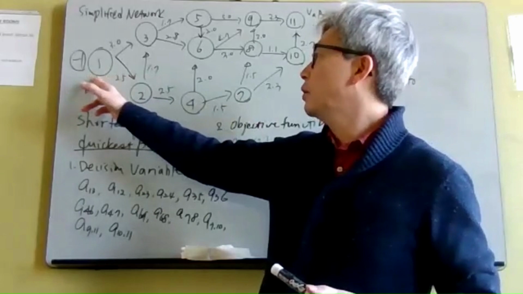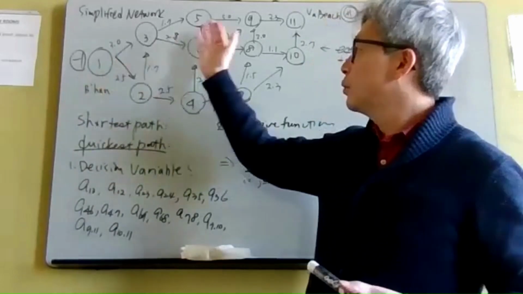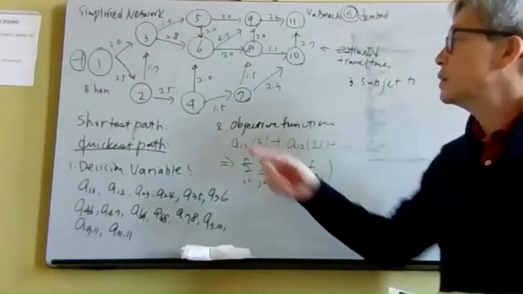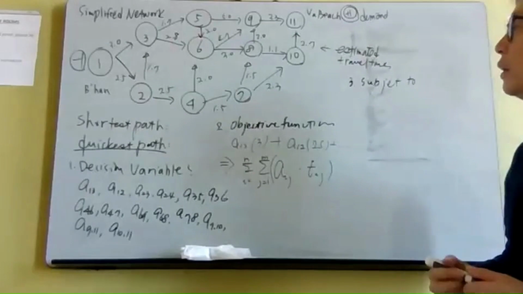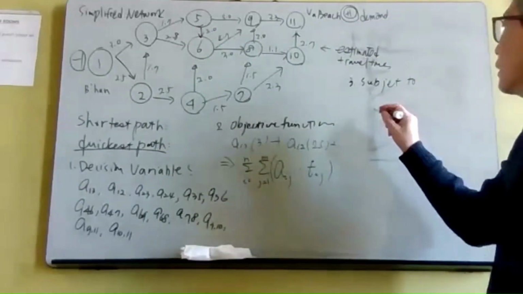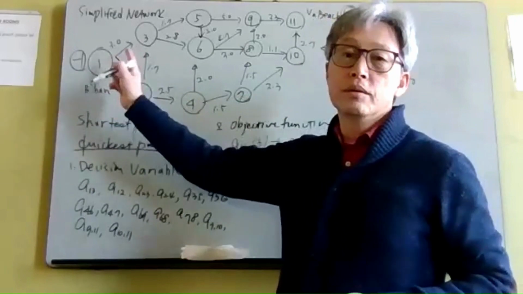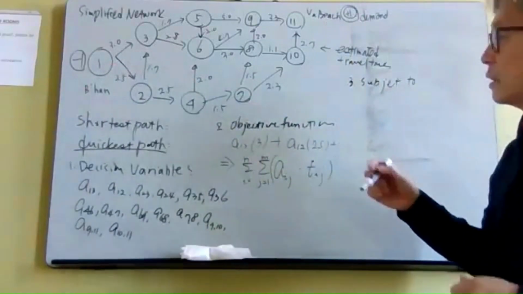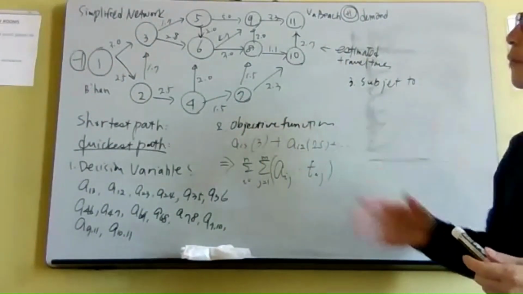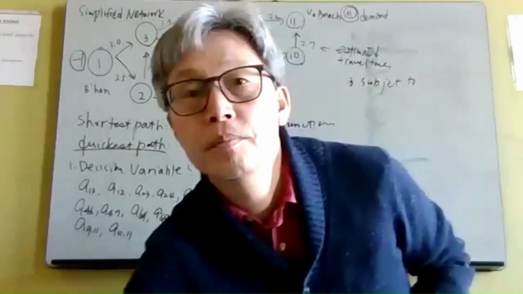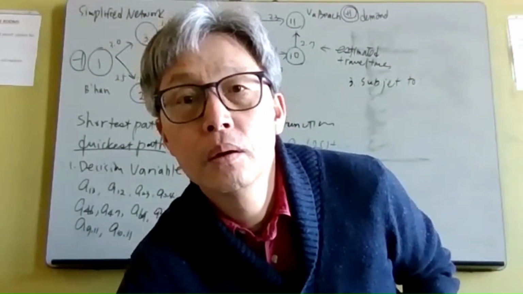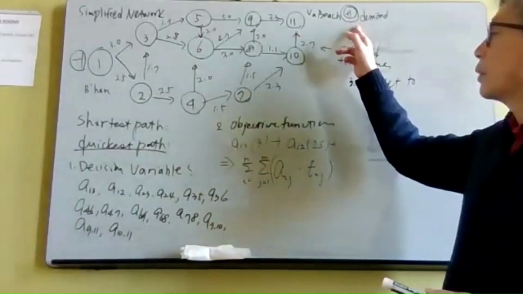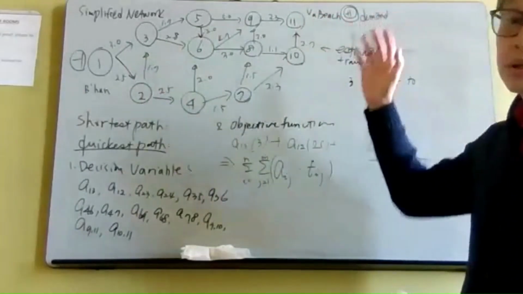If you start from node 1, you may go through node 3 or 2. You cannot go both, right? It means if you choose X13, there's no inbound traffic to node 1. So it's a 0, right? Before we do that, we need to make sure the total supply is equal to the total demand, because it's -1 and +1, right?